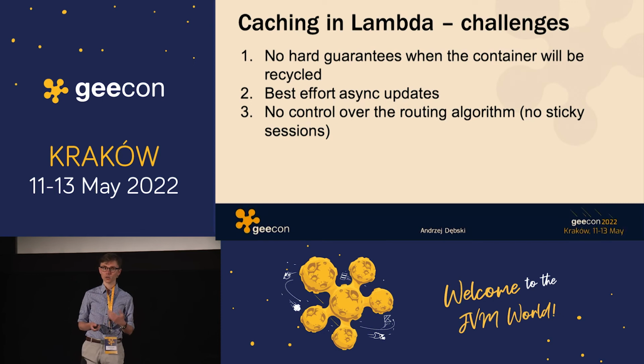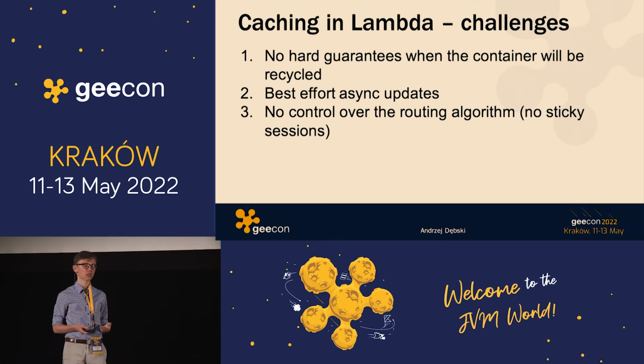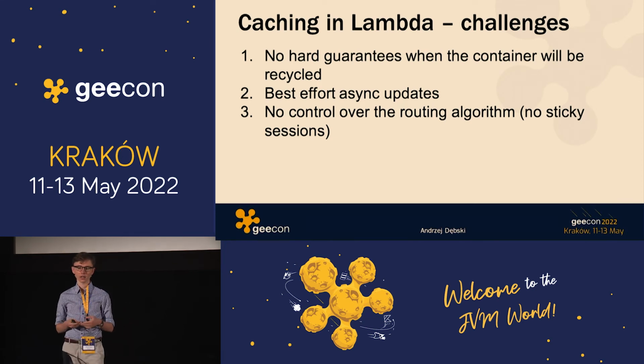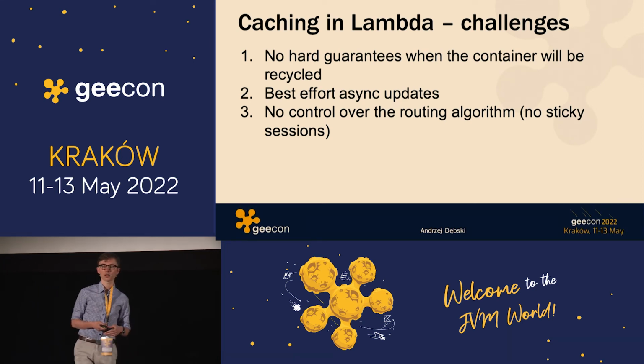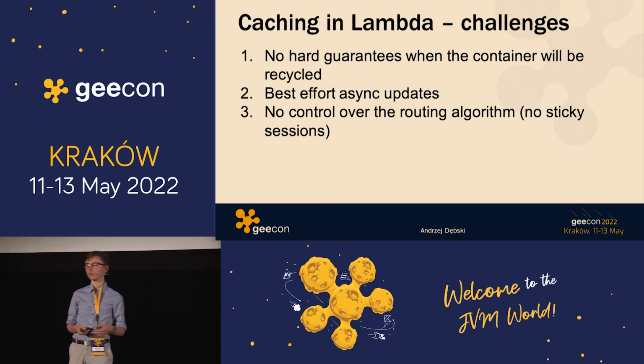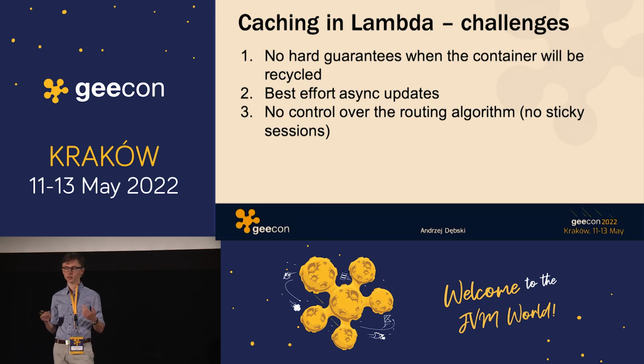So probably your cache hit ratio of an in-memory cache will be smaller than you could expect if you come from a server environment. Two is, sometimes we have an in-memory cache and then we say, okay, now I'll add a background thread pool that will do some cache maintenance, cleanups, refreshes, and so on.